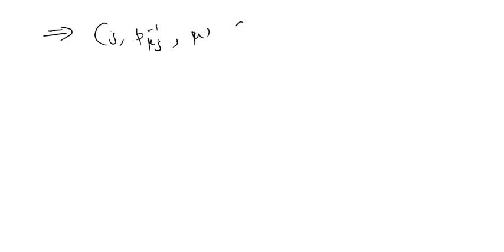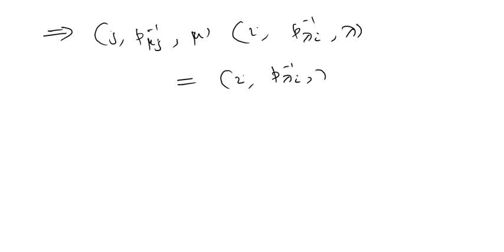Then it's I P lambda I inverse lambda, product J P mu J inverse mu, and that's equal to F. What's your F? F is equal to J P mu J inverse and mu.